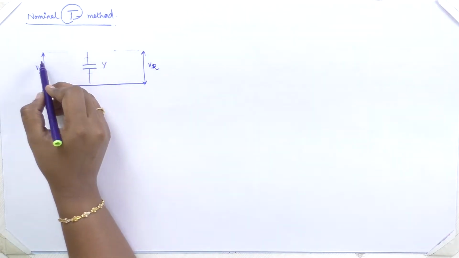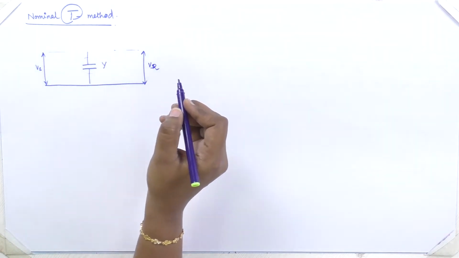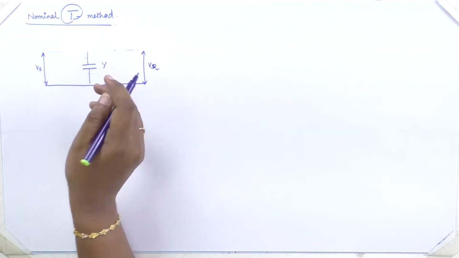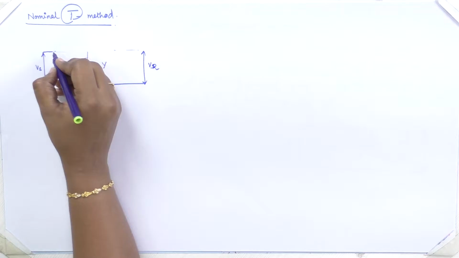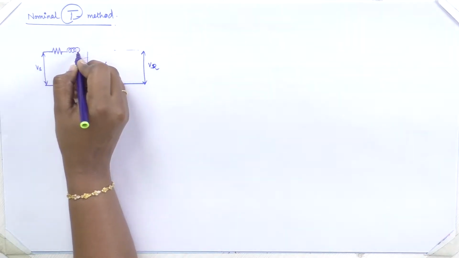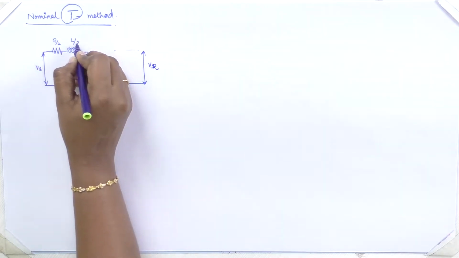We already discussed that the transmission line has parameters R, L and C. The shunt capacitance is placed in the middle, and the R and L parameters are divided by 2 for the whole transmission line. So this is R by 2, L by 2.